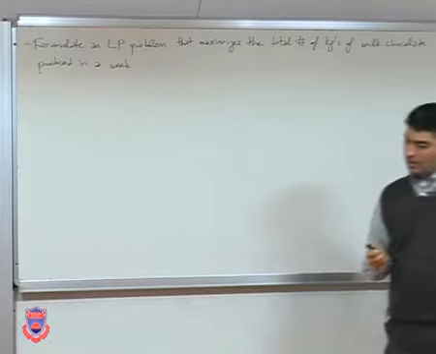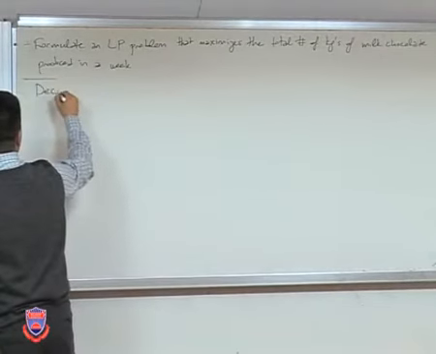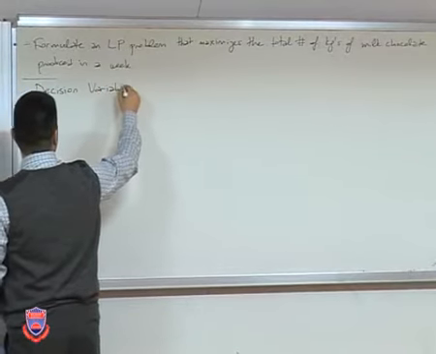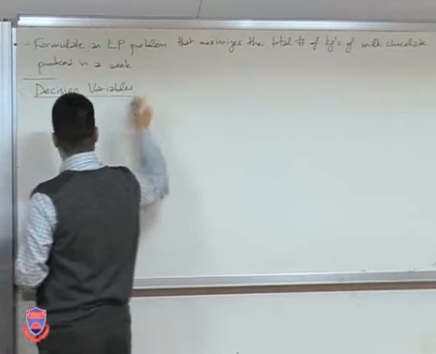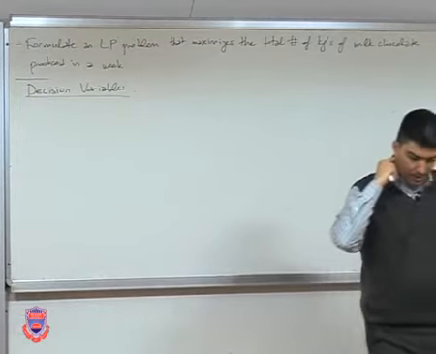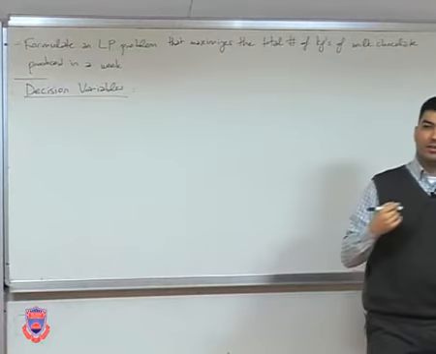So let's try to figure out our decision variables. Let's actually think about the following. What are the factors we can control in this problem? So what are our decision variables?